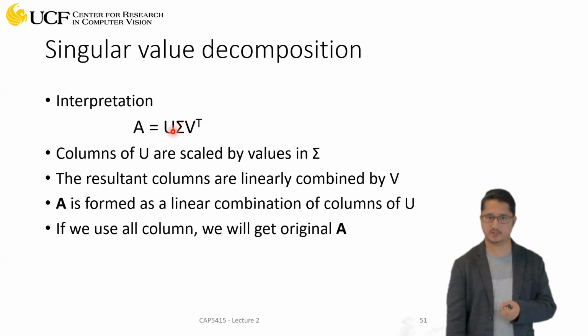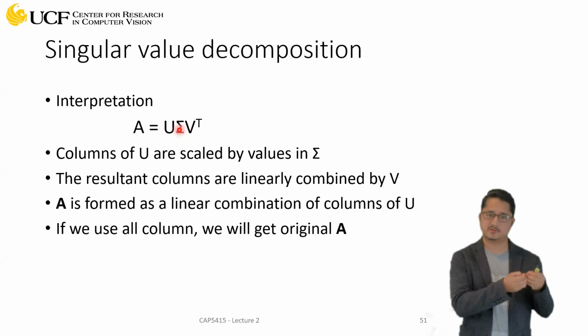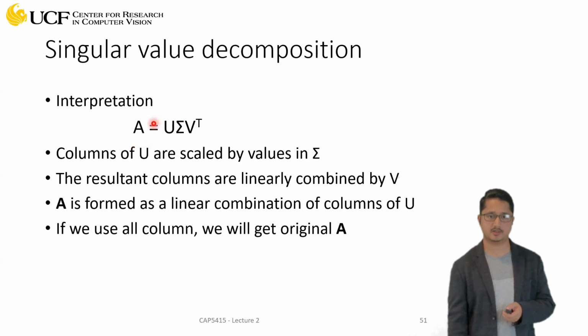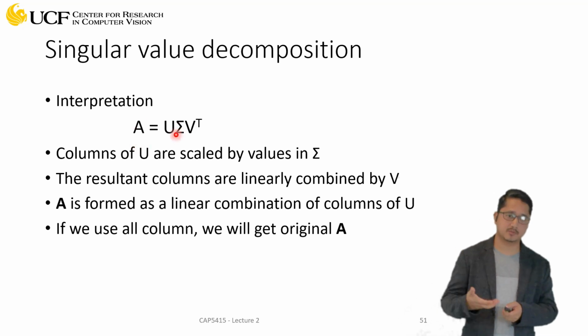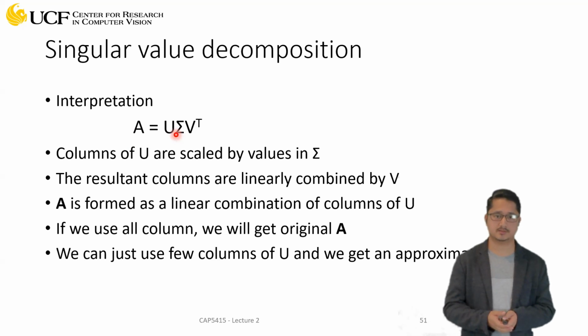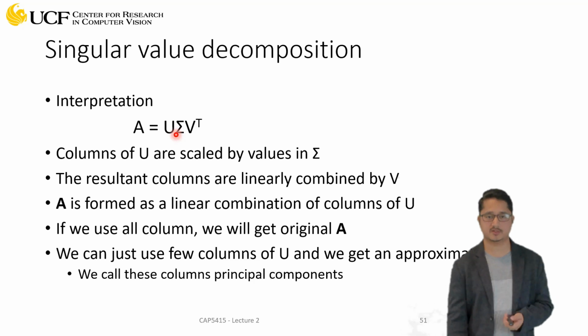For example, in U, if we use only some of the columns, and again use the corresponding values from sigma, we will take the linear combination of these columns and try to reconstruct A. Again, it will be an approximation of A, but not exactly A. Let's try to understand this when we decompose an image, because an image we can also represent as a matrix, right?